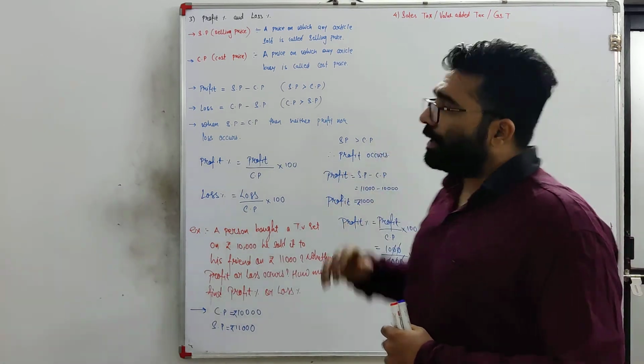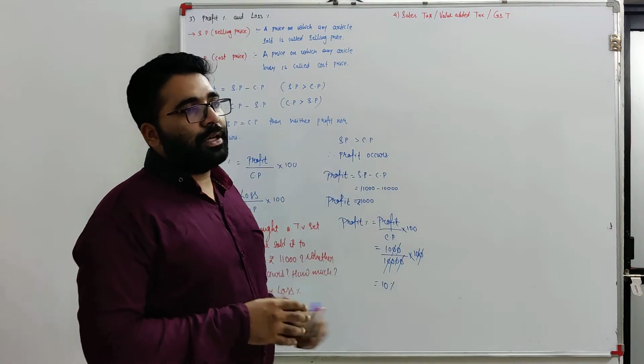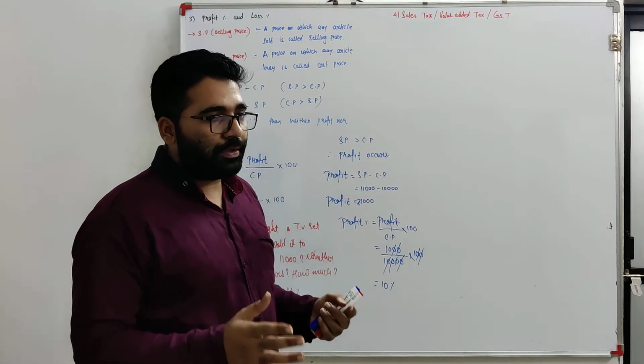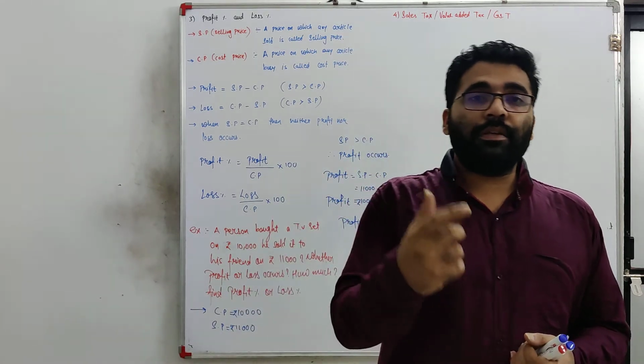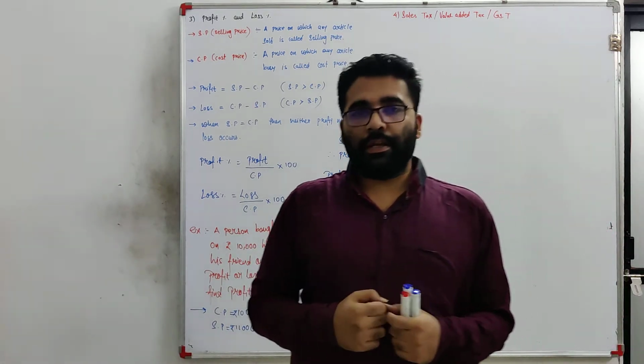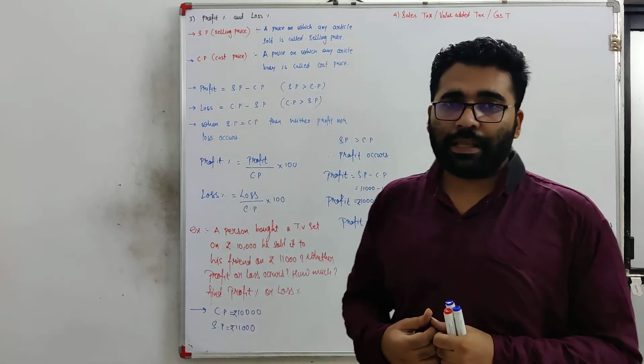If we talk about sales tax, the state government takes the sales tax on the basis of the selling of the object. Anything, if it is sold, then the government takes the sales tax.